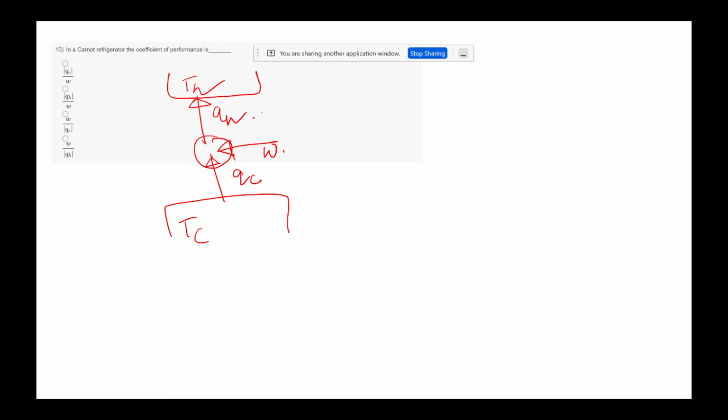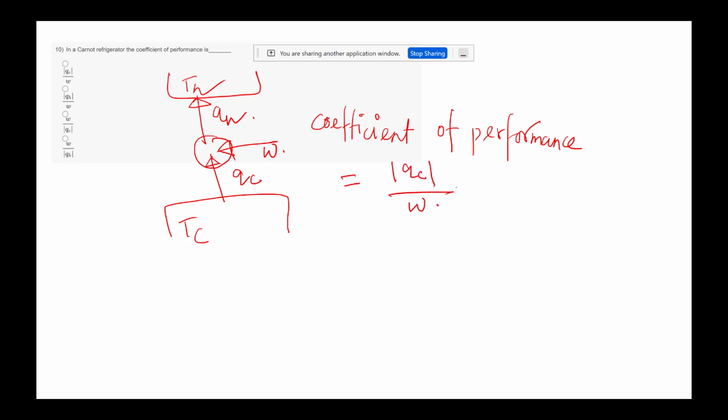The coefficient of performance is actually defined as mod of QC by W.